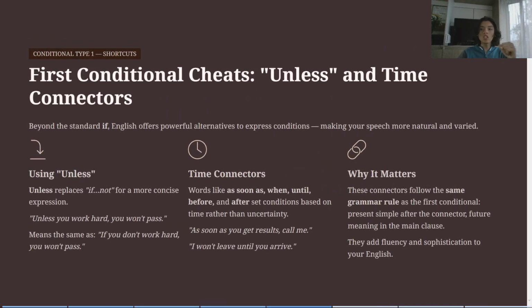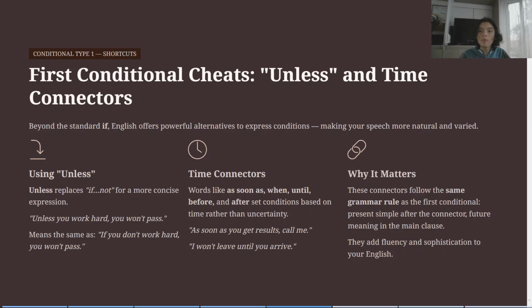Now, first conditional shortcuts. There are also other ways to express conditions. One important word is unless. Unless can replace if not. For example, unless you work hard, you won't pass. This has the same meaning as, if you don't work hard, you won't pass.